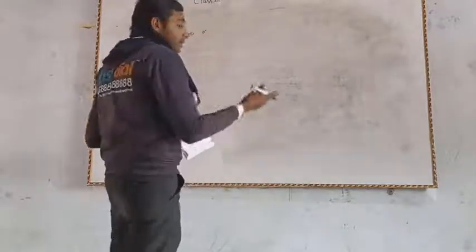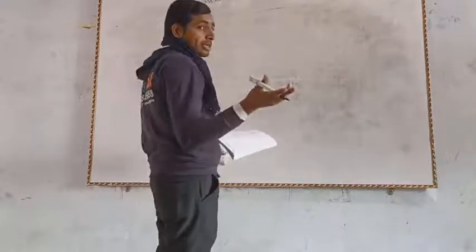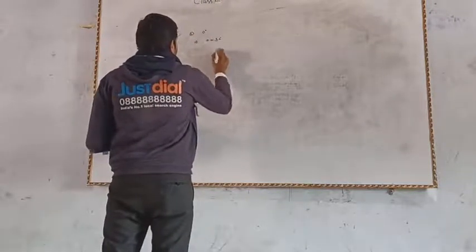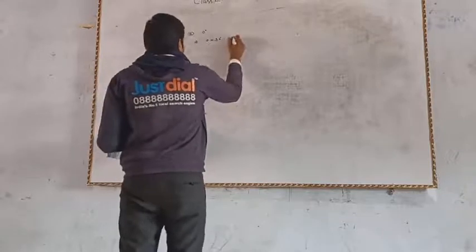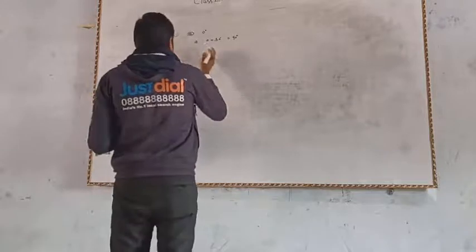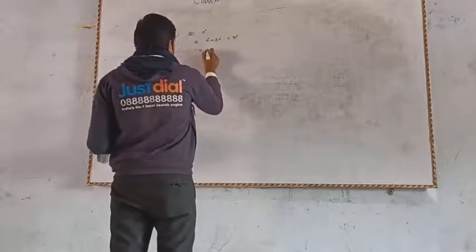Already you know that if the sum of two angles is 90 degrees, then they are complementary angles. So 0 plus 90 degrees is equal to 90 degrees. So the complement of the 0 degree angle is 90 degrees.